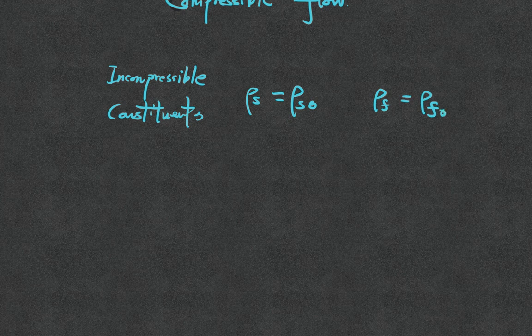Another way to say that is that the rate of change of rho s and the rate of change of rho f are both zero. Okay, does that make sense?